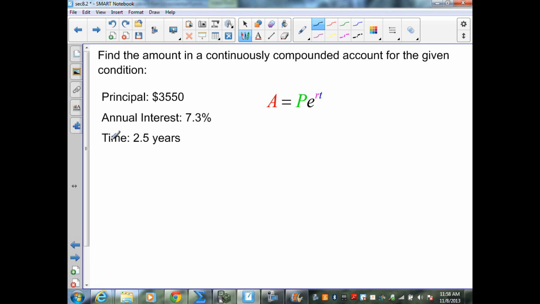So all we're going to do is substitute our values in for our variables. Here, I want to determine the amount. So I have my principal, which is my starting amount, which is $3,550. e, my interest rate is given, and I know I have to convert that to a decimal by dividing by 100, which is going to give us 0.073.